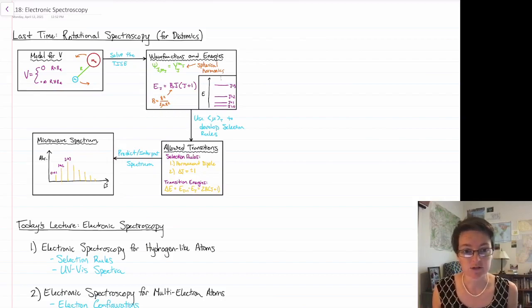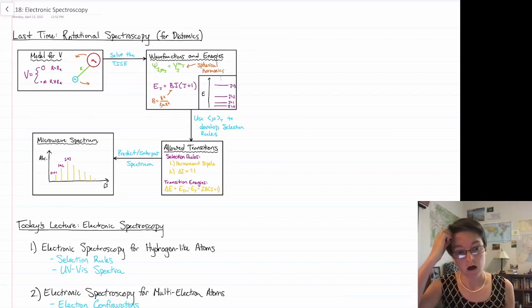And based on this expression, we saw that the various rotational energy levels are increasingly widely spaced apart as we go up in J values.